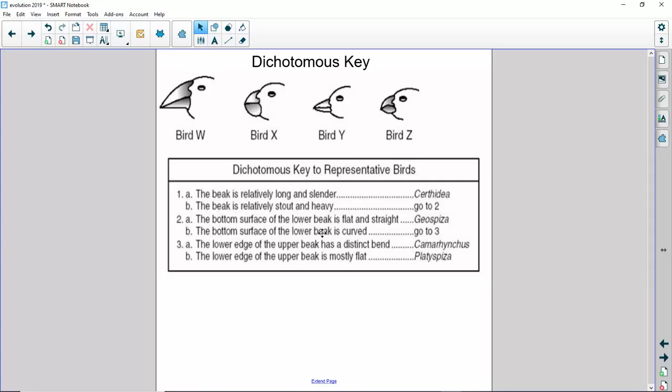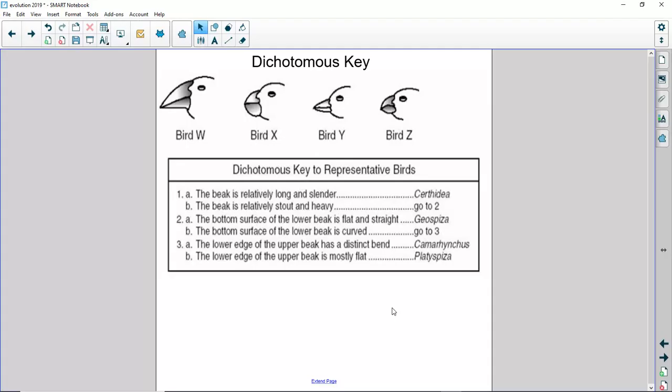In other words, each line has two characteristics. If bird W is relatively long and slender, then it would be Certhidea. If it's stout and heavy like bird X, go to number 2. Then go to number 3, a distinct bend, mostly flat. So you would be able to identify based on this.